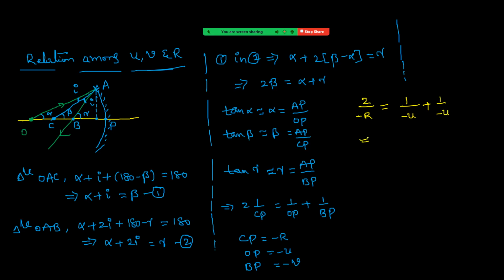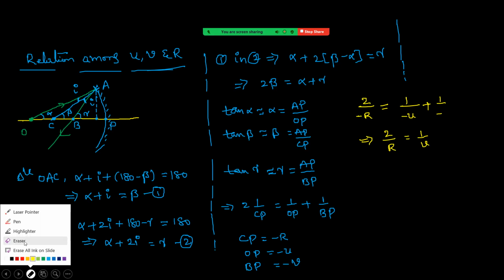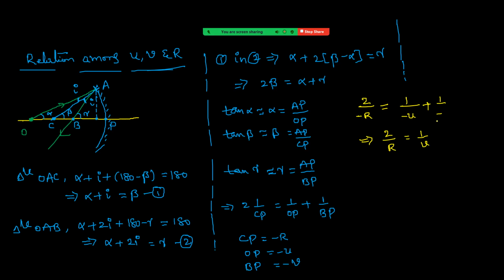That means finally what we got, 2 by R is equal to 1 by v plus 1 by u.